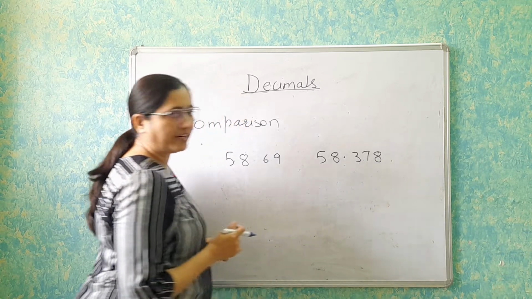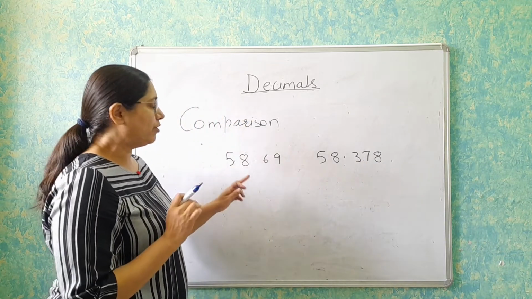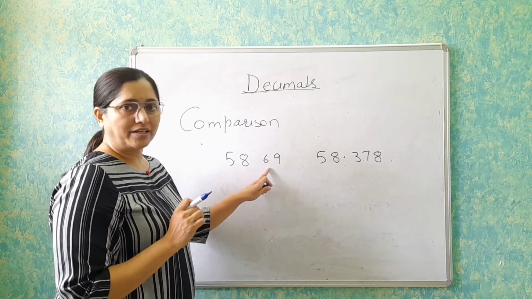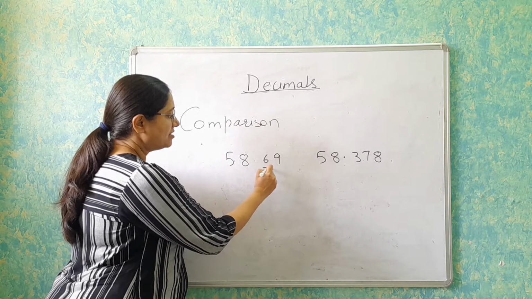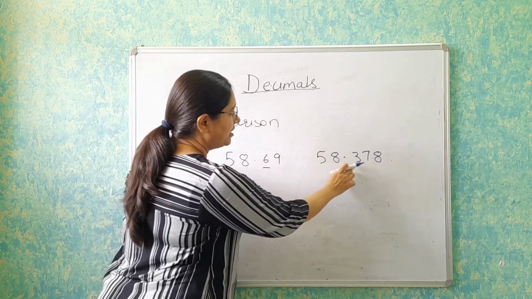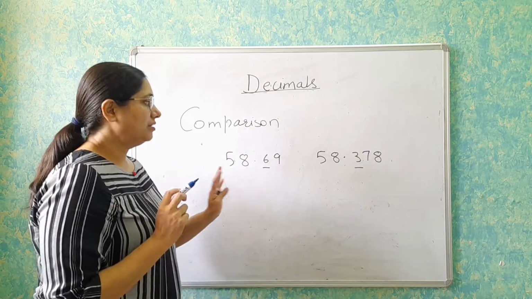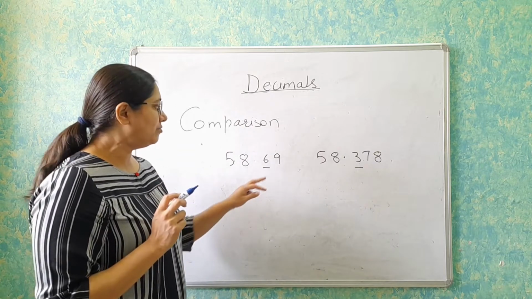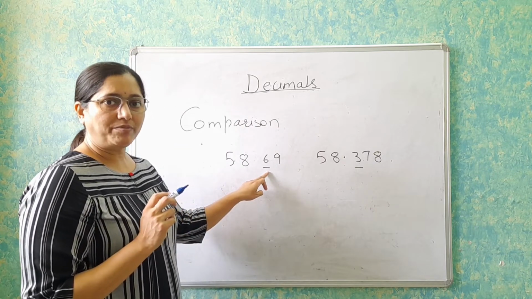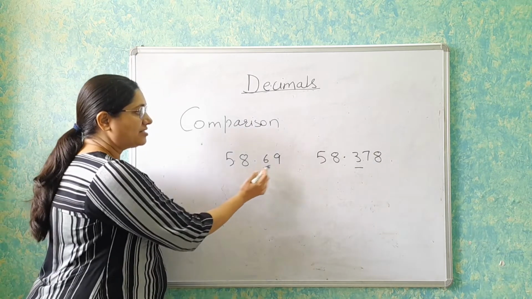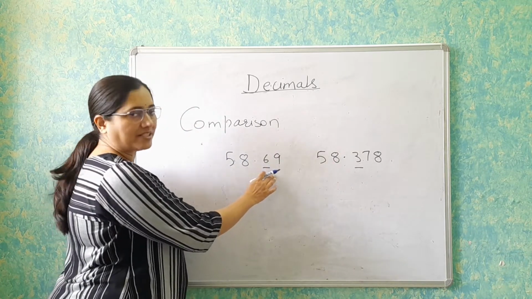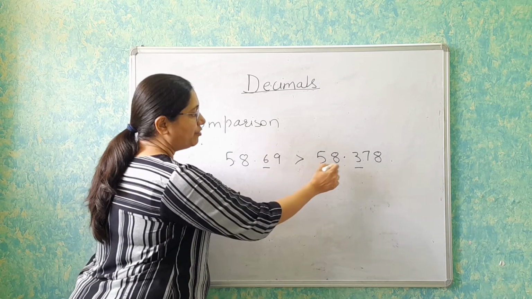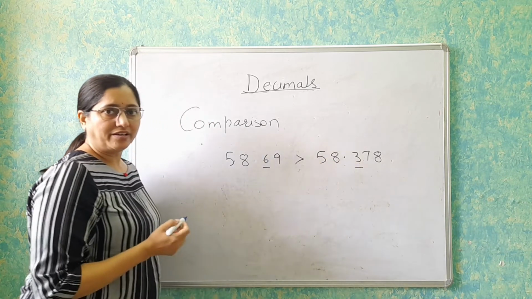So you just have to look for the number which is at the tenth position. After decimal it is 6 and after decimal it is 3. The number having greater number on the tenth position will be greater. 6 is greater than 3, so we can say that 58.69 is greater than 58.378.